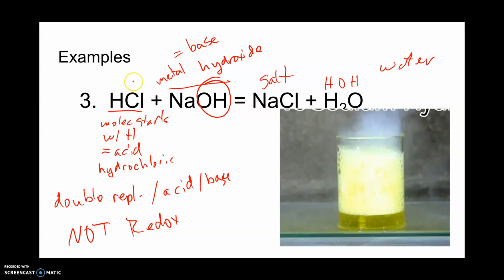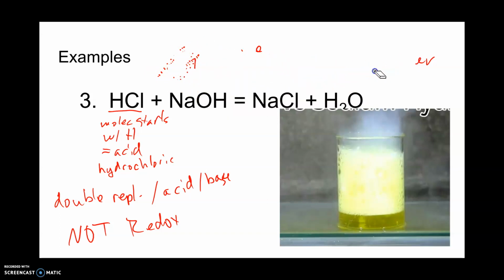For example, the hydrogen on the reactant side has an oxidation number of +1. Over here in water, it's also +1. The chloride is 1-. Over here, it's still 1-.